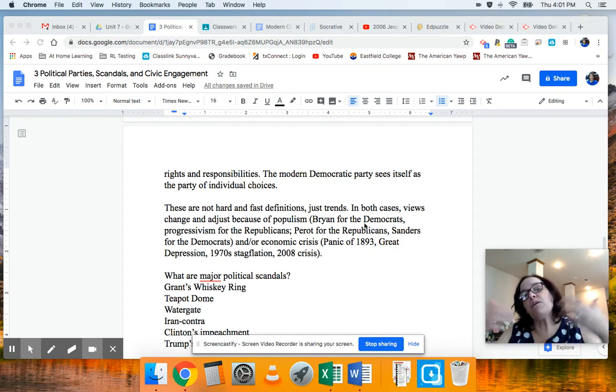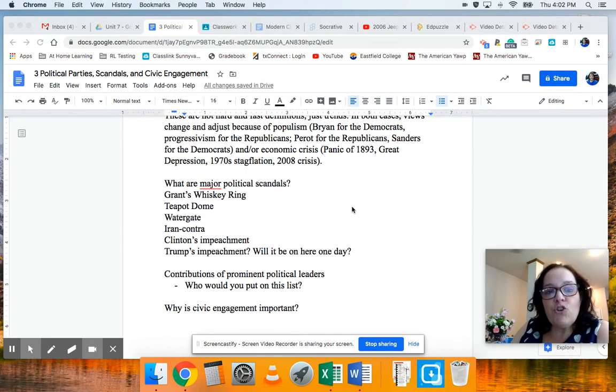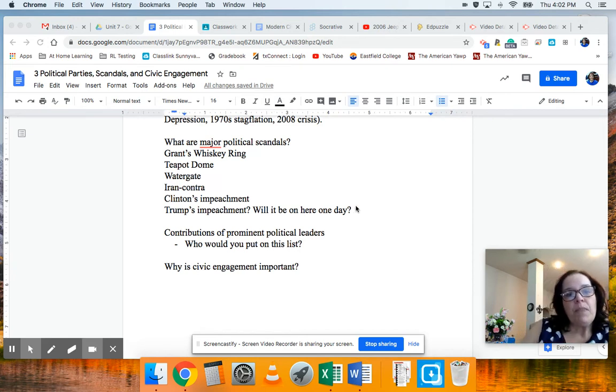And so you go from kind of this awareness of what these big, broad structural issues are. We do have some major political scandals. I threw in there Grant's whiskey ring because one of the things that you don't fully grasp about the weakening of the presidency going into the Gilded Age is that part of that's because of Grant's administration, Ulysses S. Grant, who oversees much of Reconstruction.